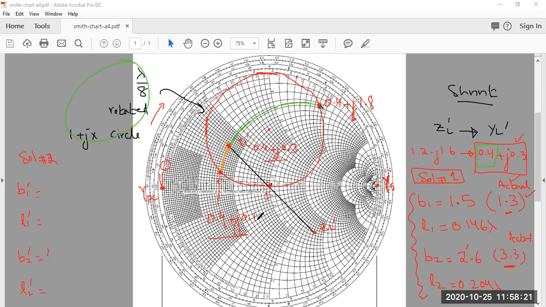So this imaginary part has decreased from 0.3 to 0.1. From this, we can find out that B1 dash must be negative 0.2. So 0.3 minus 0.2 will give you this value. It means step number 1 in the second solution should provide us this much susceptance, minus 0.2.